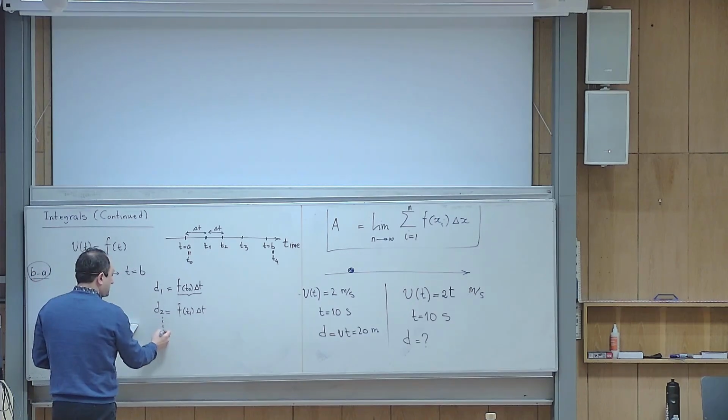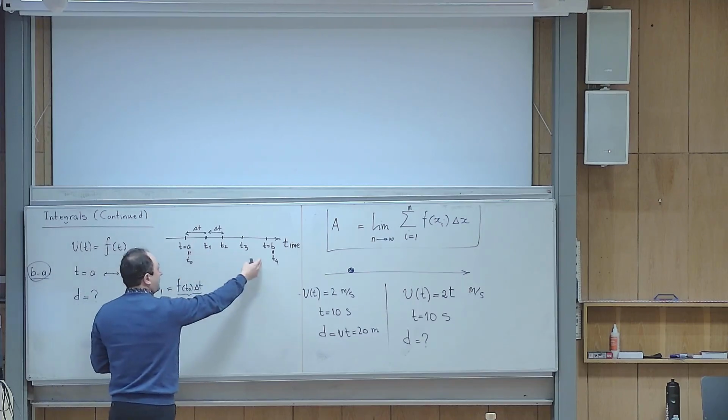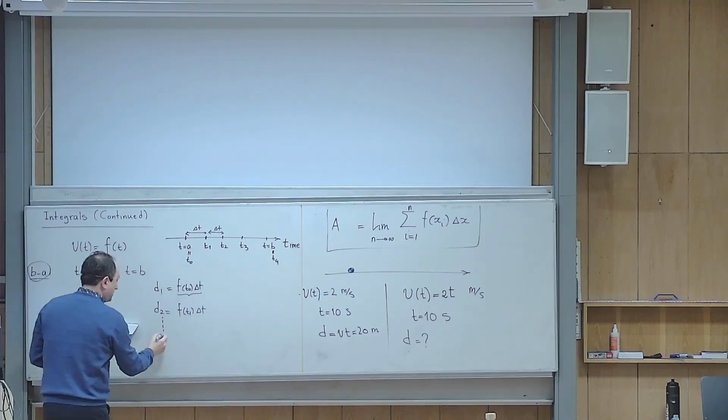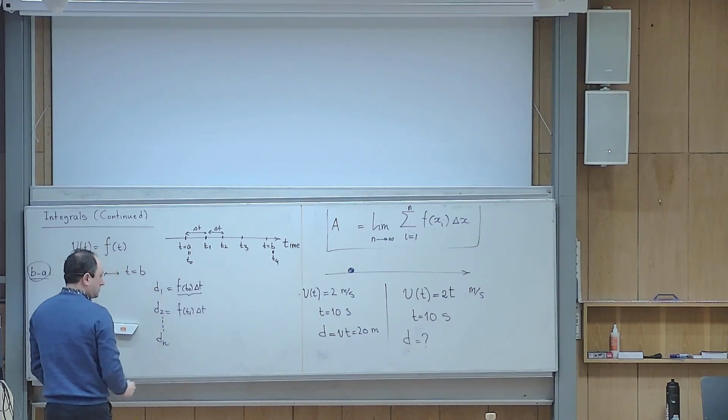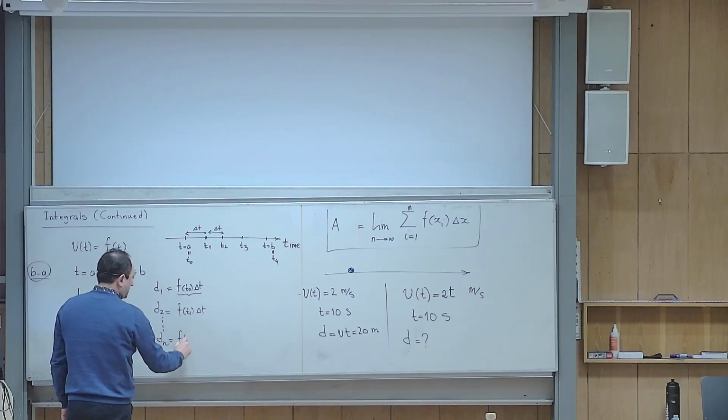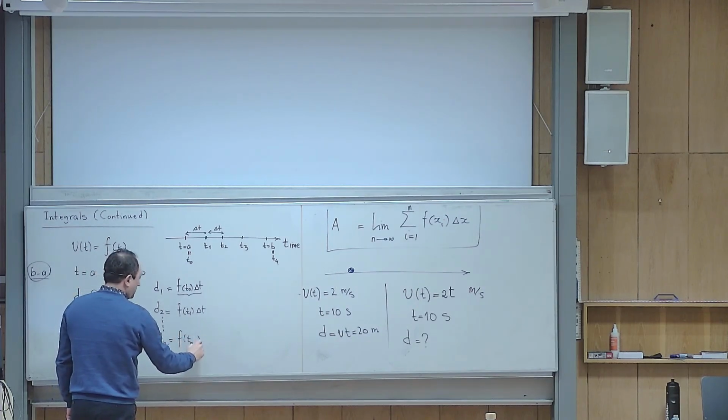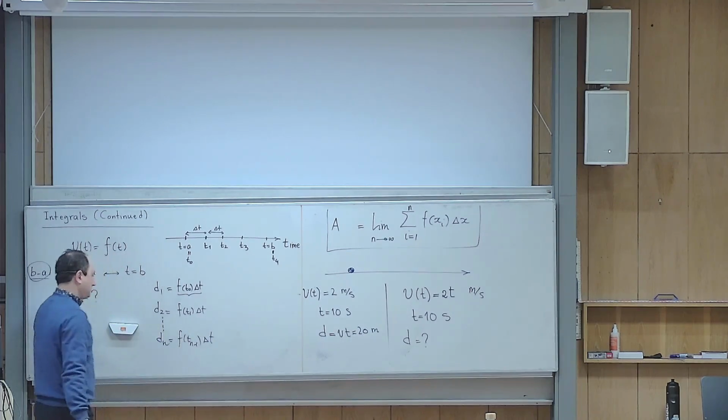And then you continue the same thing. For example, instead of having four intervals, let us assume that I have n intervals. So that's the same thing. It becomes f of t n minus 1 times delta t.